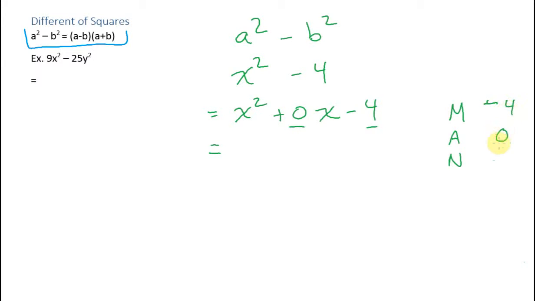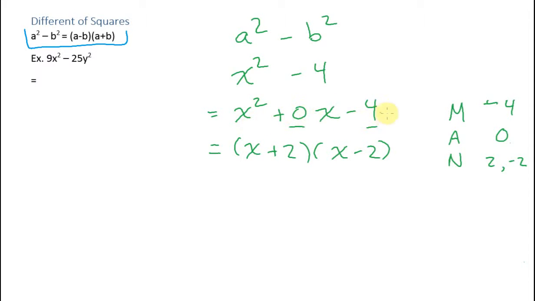That's going to give us positive 3, but we want 0. So how about 2 and negative 2? When we add those, we get 0. So when we factor it, our numbers are going to be plus 2 and minus 2.